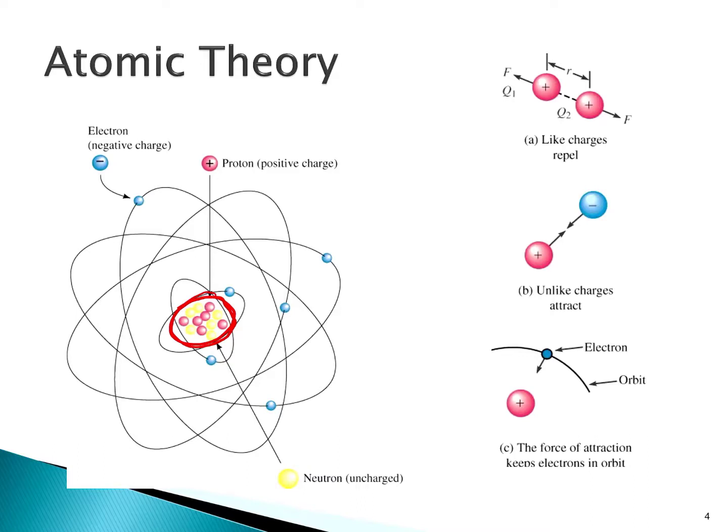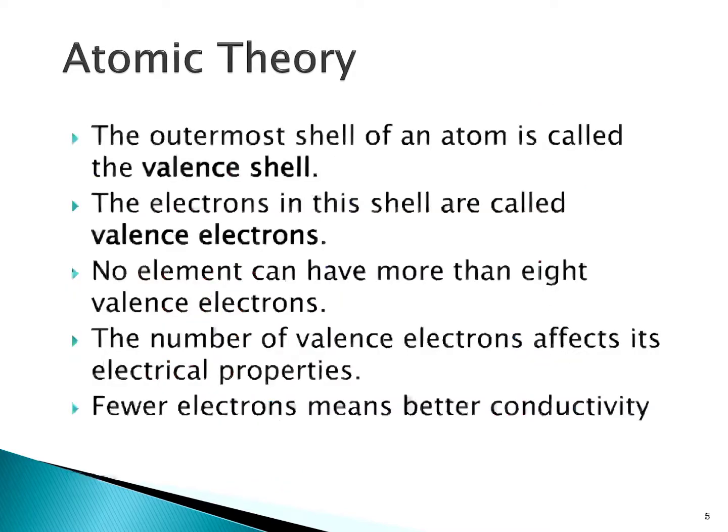So what's most important to understand is that when we have these orbiting electrons, the outermost orbit is the one that determines its electric quantities, right? So when we have an electron in the outermost orbit, the farthest away from the nucleus, this is what's called a valence electron, because it's in the outermost shell or orbit called the valence shell.